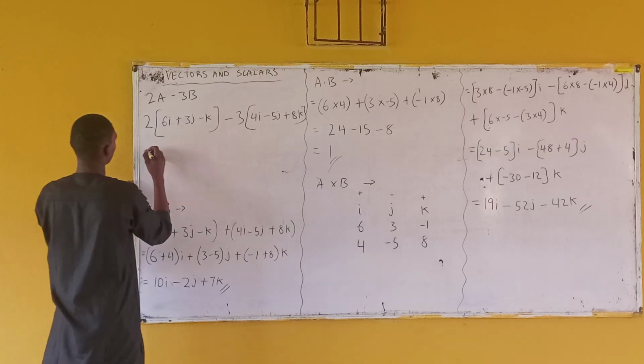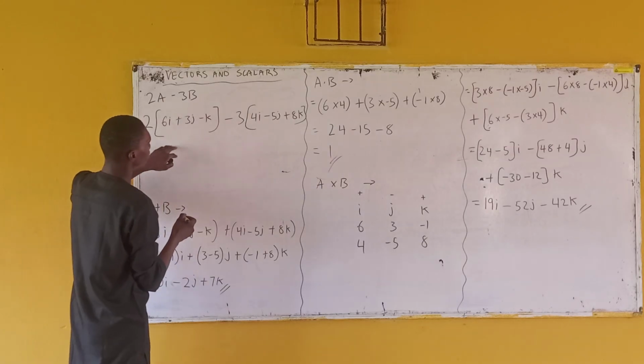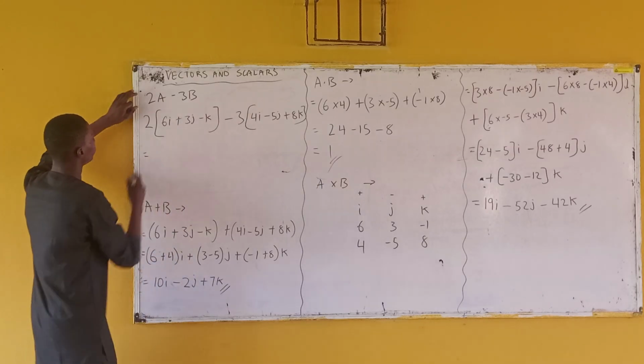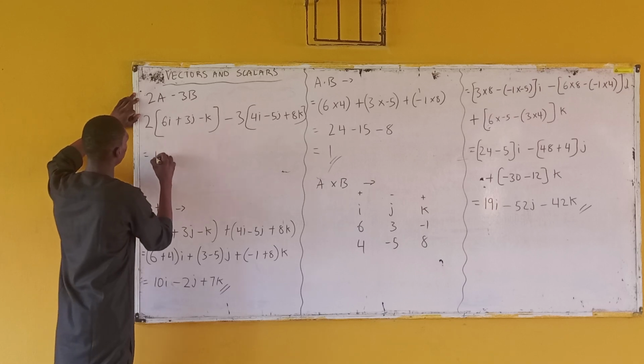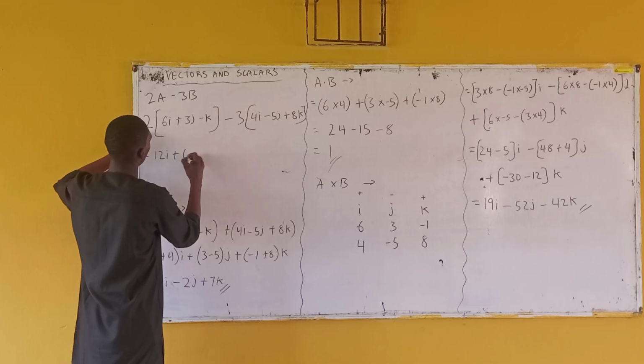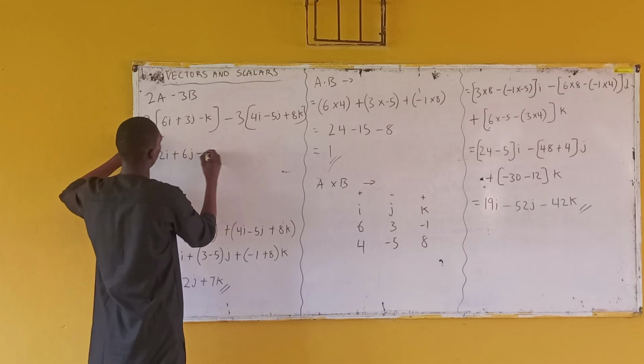So we open the bracket. 2 times 6 is 12i, plus 6j, minus 2k.